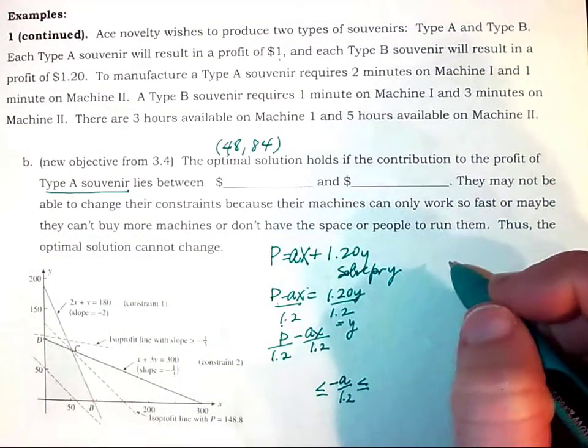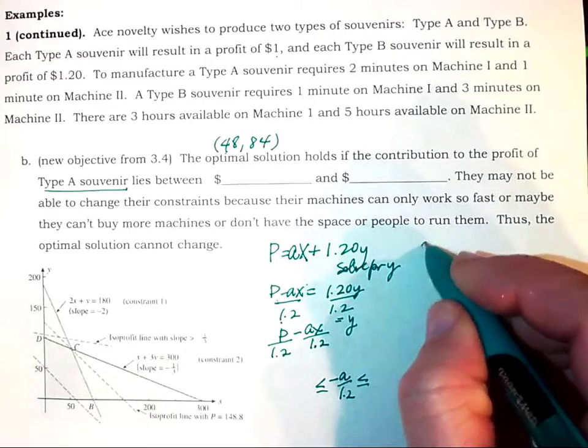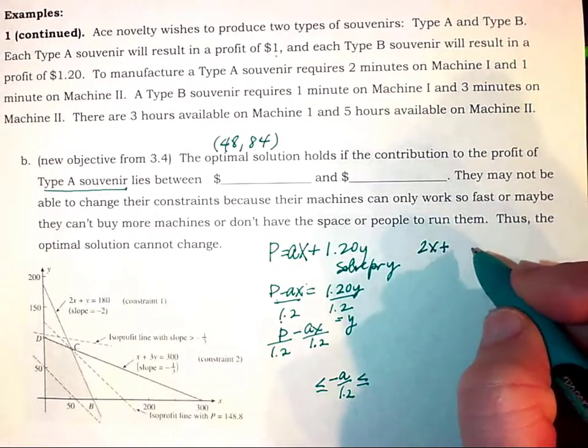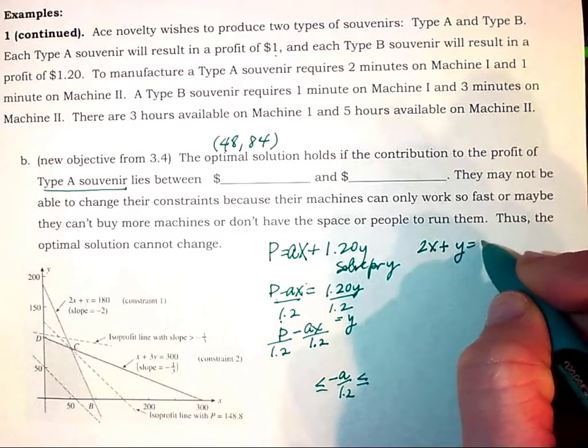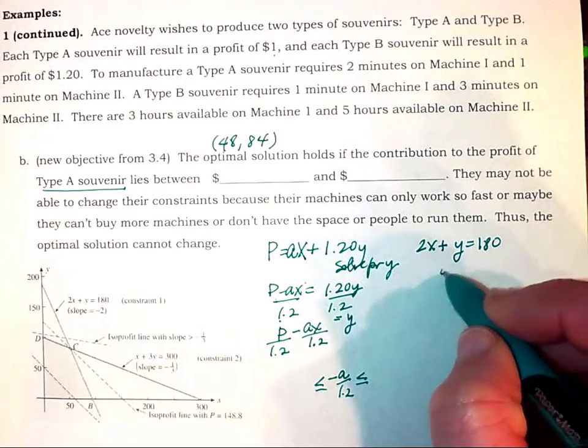So my first constraint, if you look back at your problem on the previous page, we had 2x plus y is equal to 180. And if we solve that for y, we can just subtract the 2x.